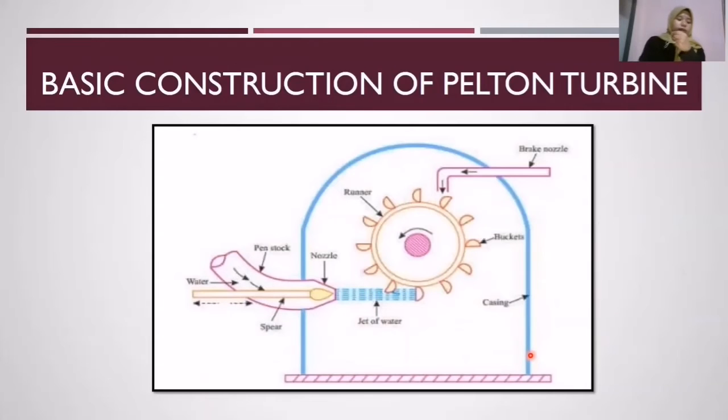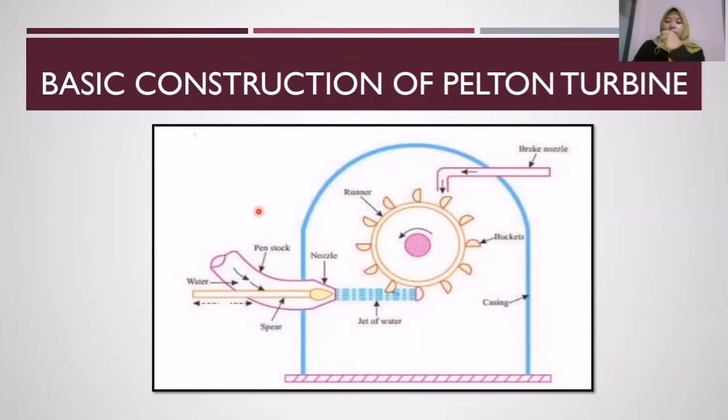Okay, so this is the basic construction of the Pelton turbine, and it consists of the brake nozzle, runner, bucket, casing, jet of water, nozzle, penstock, water, and spear.